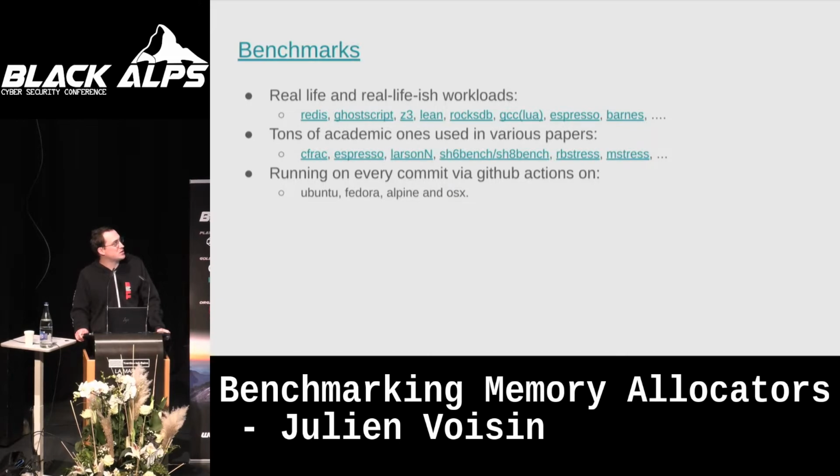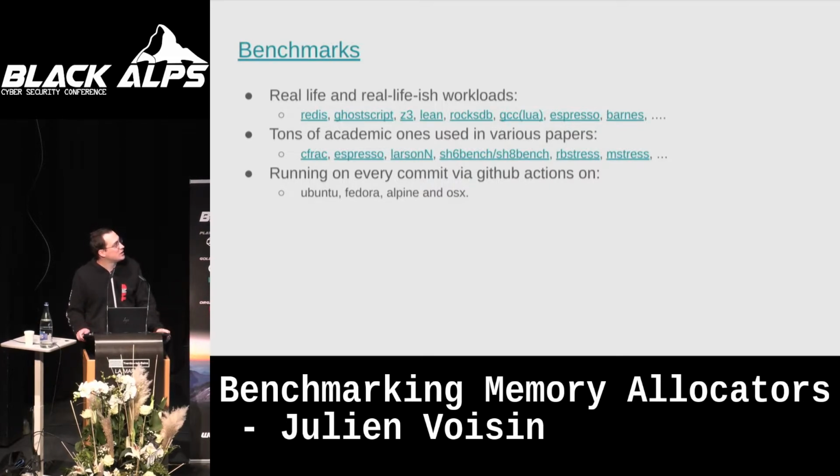RocksDB, which is like Redis, but by Facebook, I think. I'm not sure. GCC compiling the Lua interpreter. Espresso is, I think, a logic gate optimization thingy. And Barnes is an n-body problem solver or something. So it's real life-ish. I'm sure you're not solving logic gate optimization problems on a daily basis, but it's close enough.